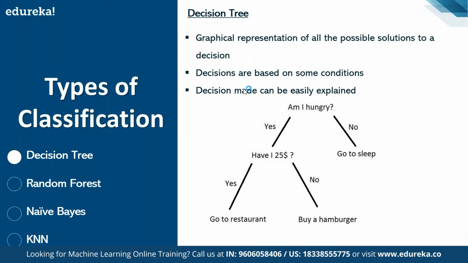Believe it or not, decision tree is something you use every day in your daily life. For example, today you took a decision to attend this webinar, right? But how do you decide? Based on various further decisions.